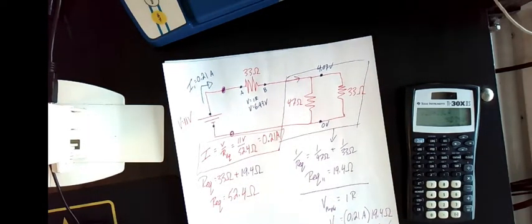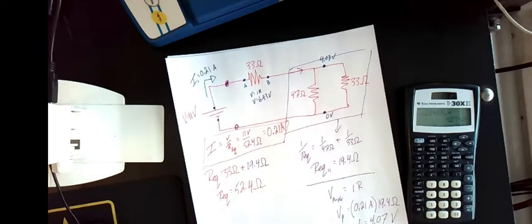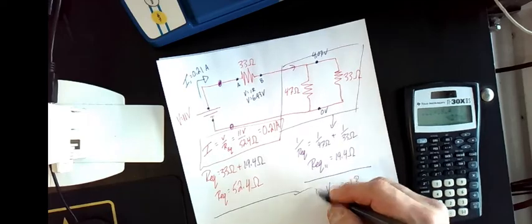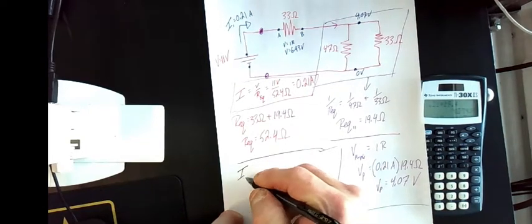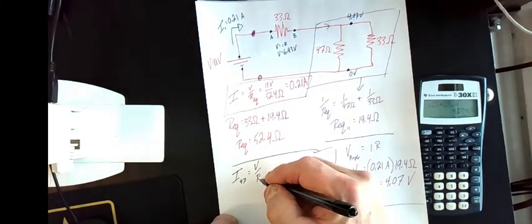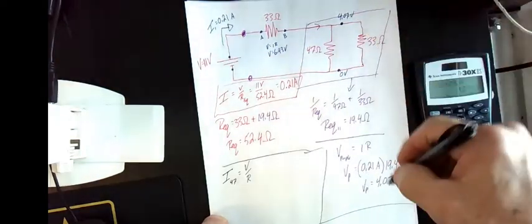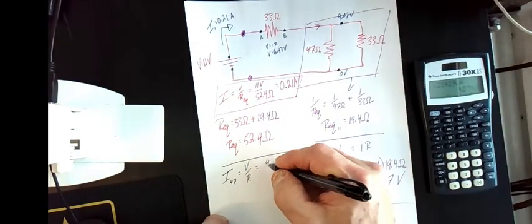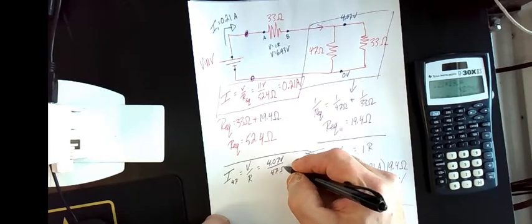Now, what about the current through the 47 ohm resistor? Let's check these currents. I47 is V over R. What V? The voltage across the resistor, which is 4.07. We checked it two different ways. So 4.07 volts divided by the resistance of 47 ohms.